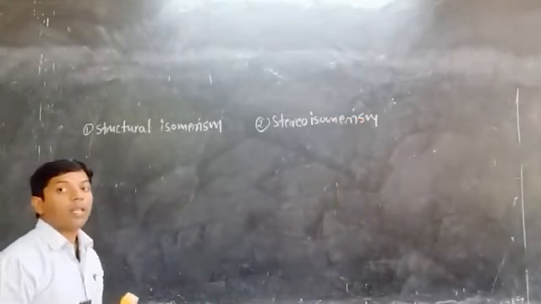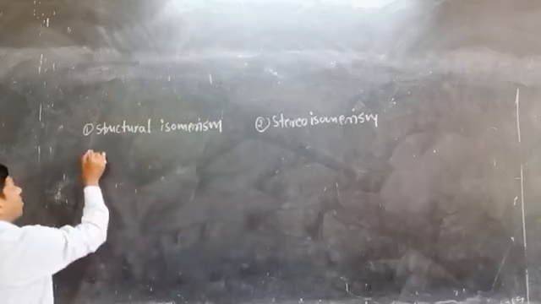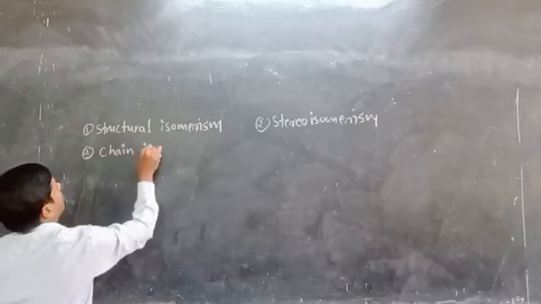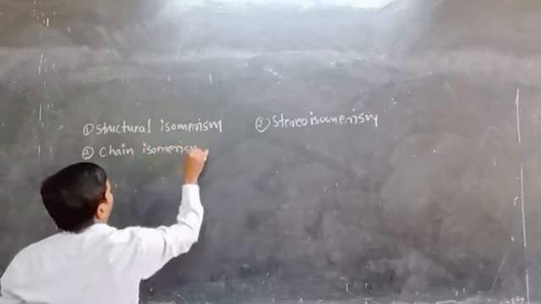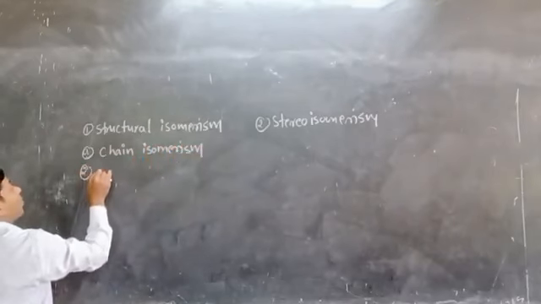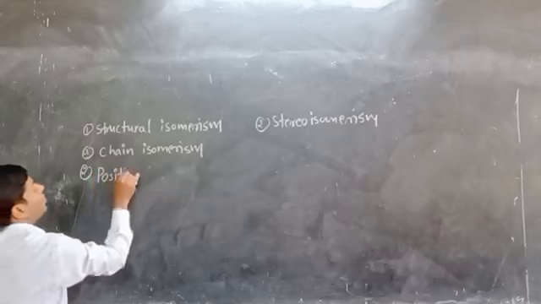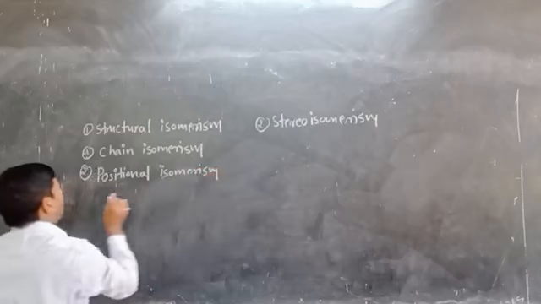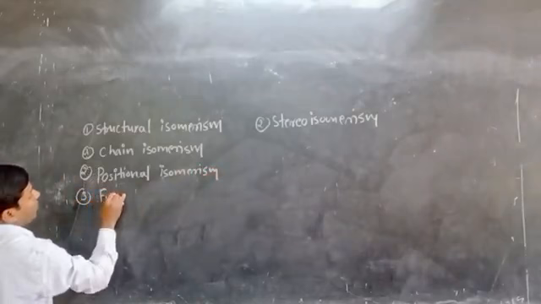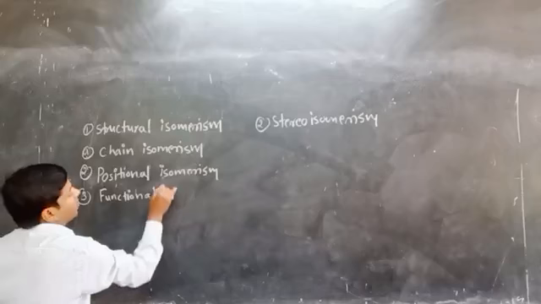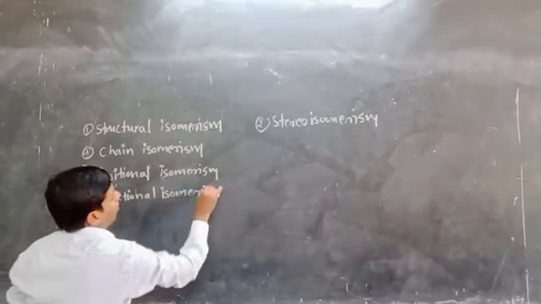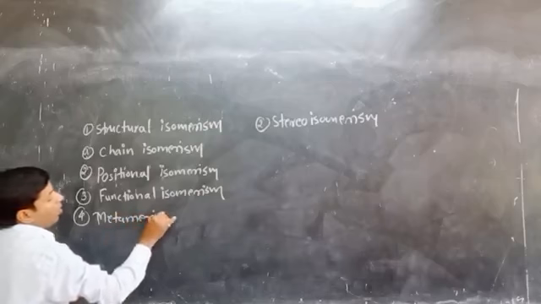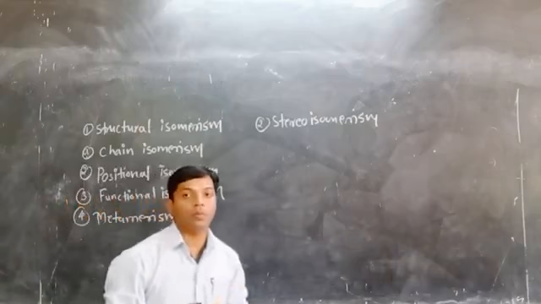Structural isomerism is also classified into the following types: chain isomerism, second, position or positional isomerism, next, functional isomerism, next, metamerism or metamers, and next, tautomerism.